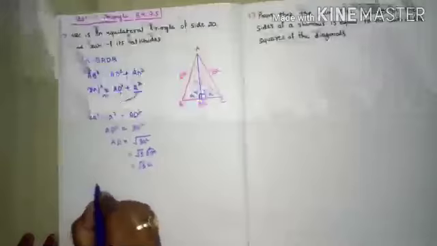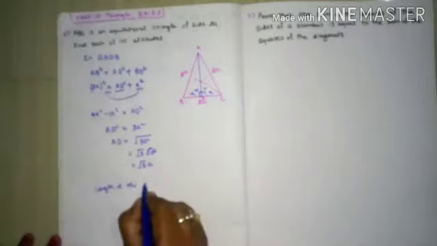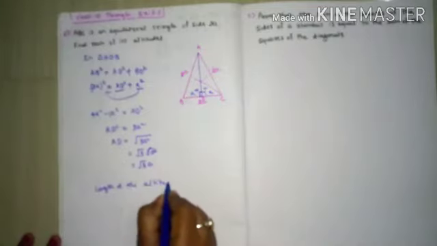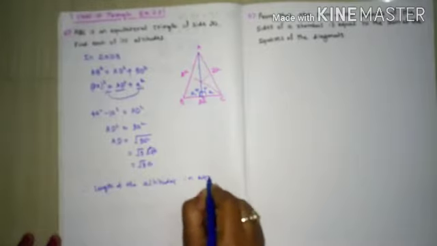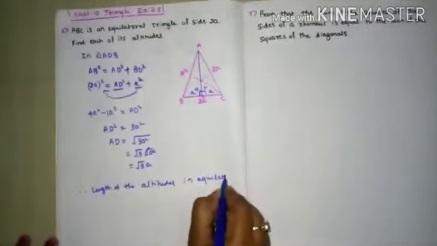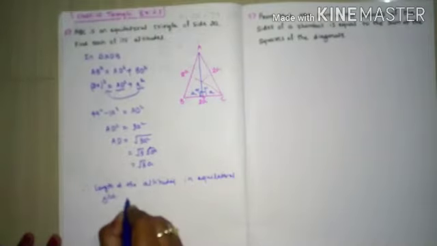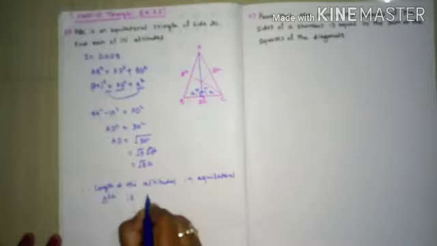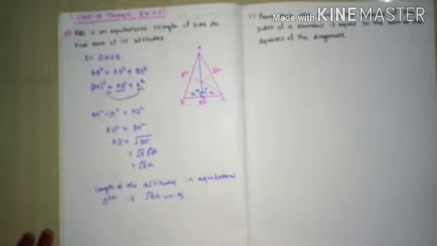Therefore length of the altitudes in equilateral triangle is root 3A units. We don't know the exact units, so units.